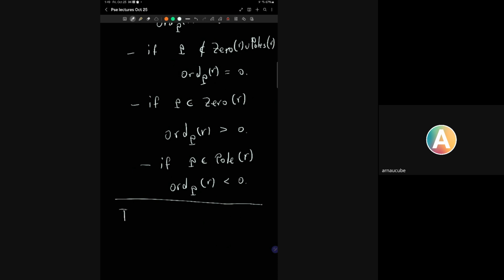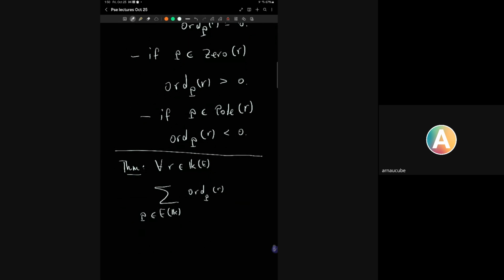The main theorem here is that if you take a rational function and you take the sum of the orders with respect to R over all points of E, there is a prerequisite result that we need to know: the set of zeros and poles of a rational function is always finite.